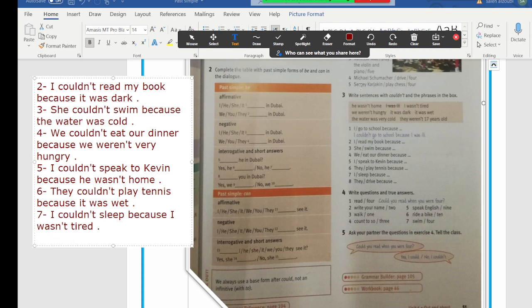Number 8, the last one. They couldn't drive because they weren't 17 years old. Done.